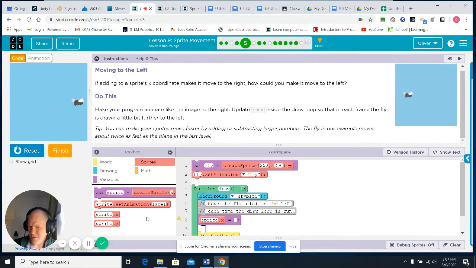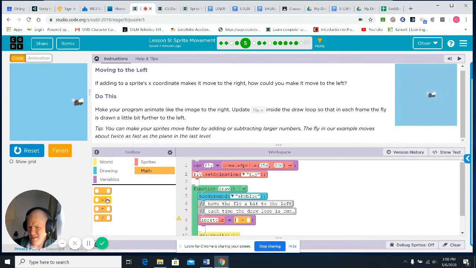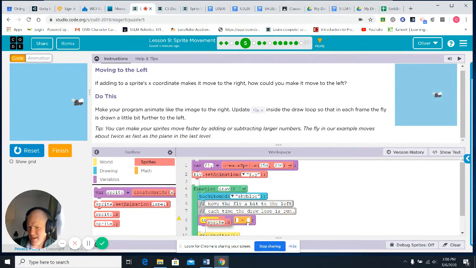Sprite X equals, I'm going to get an orange. So Sprite X equals, what is it? That's right. Sprite X minus, we chose minus because we're going left. And look at this.